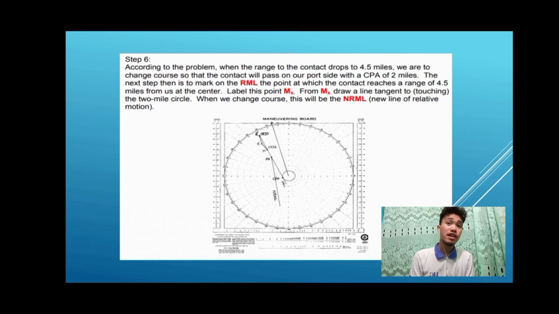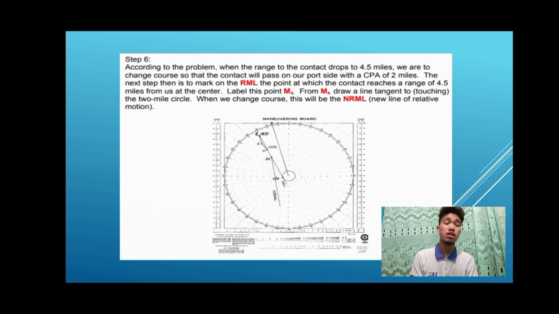Then label this point MX, and from MX, draw a line tangent to the 2-mile circle. When we change course, this will be the new line of relative motion, or NRML.